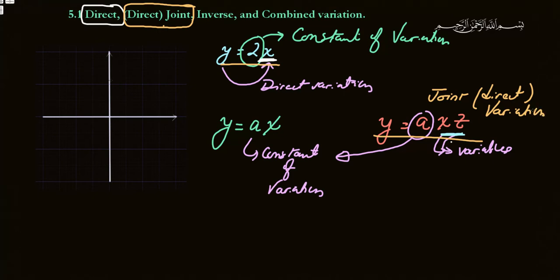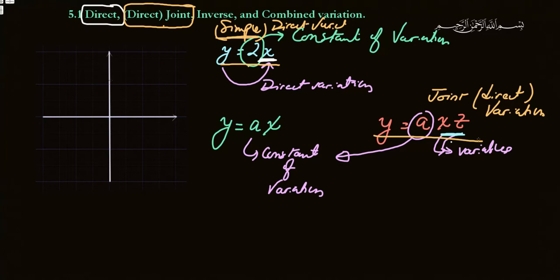So this is simple direct variation, and this is joint direct variation. You can call this simple, that's my terminology. These extra words that I put in there are just to explain.